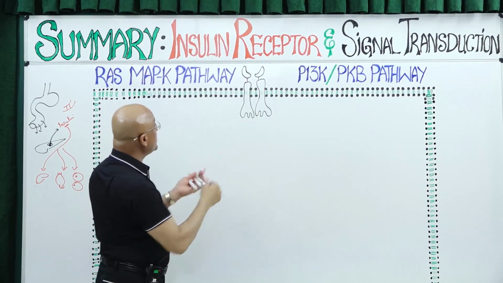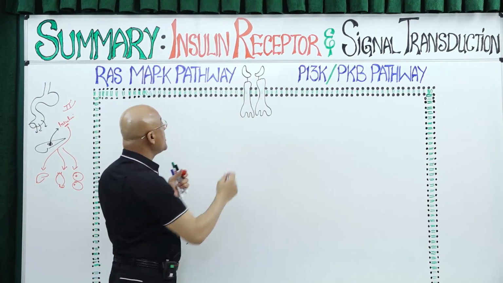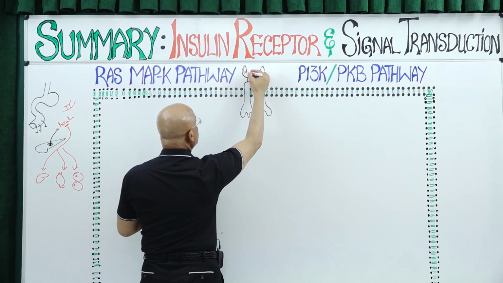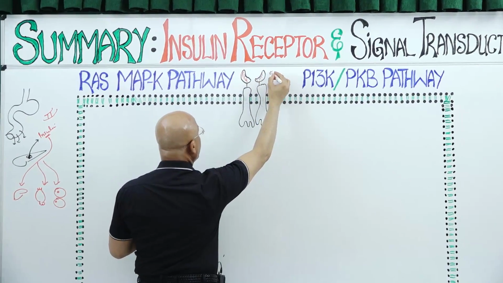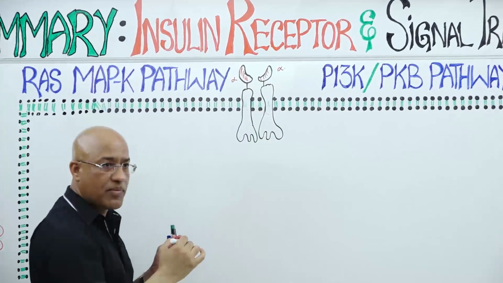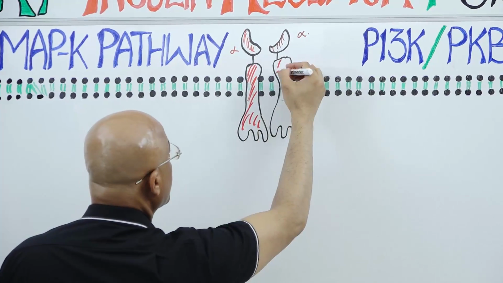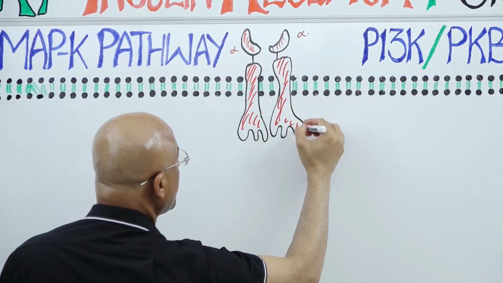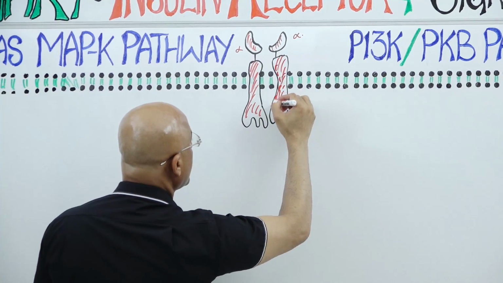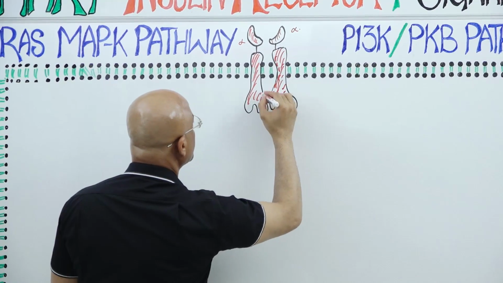Now this is the insulin receptor structure. These two peptides are called alpha subunits, and these two peptides are called beta subunits.